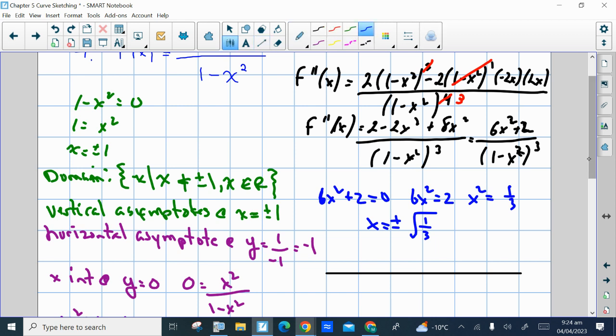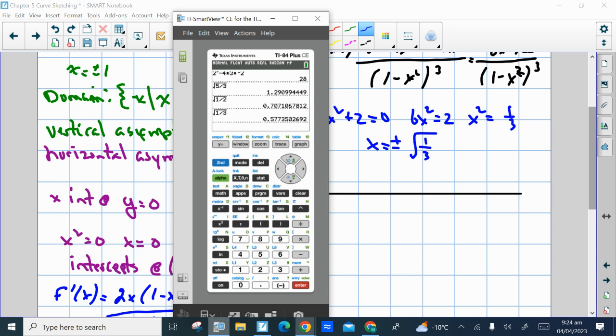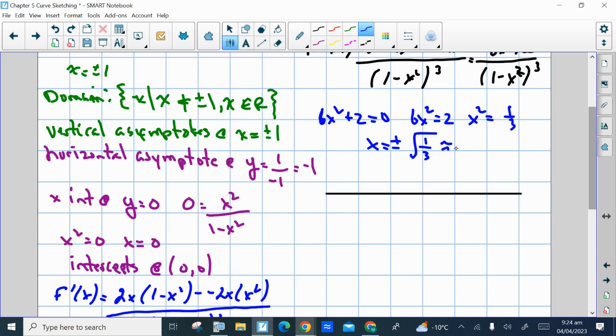So again, the root of 1/3 is approximately 0.6. But we're also going to have negative 1 and positive 1, because those are the non-permissible values.